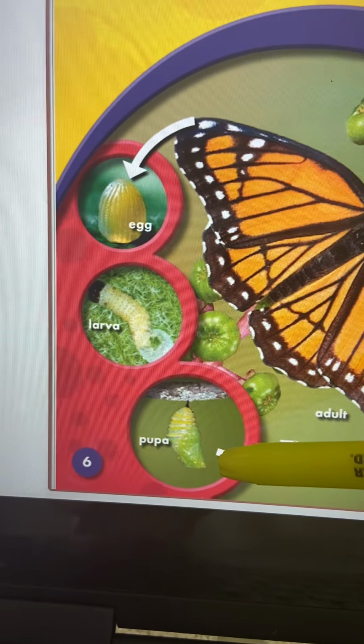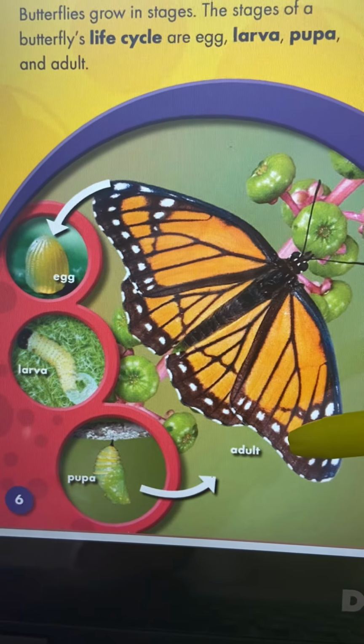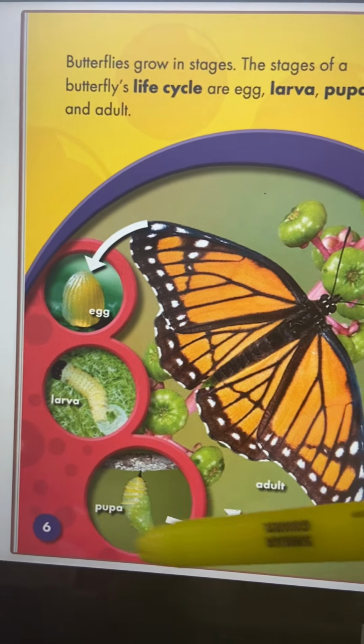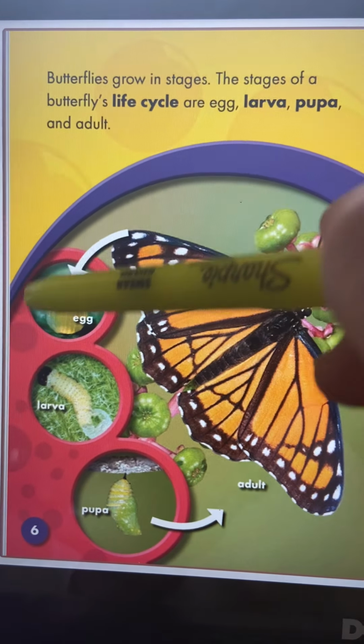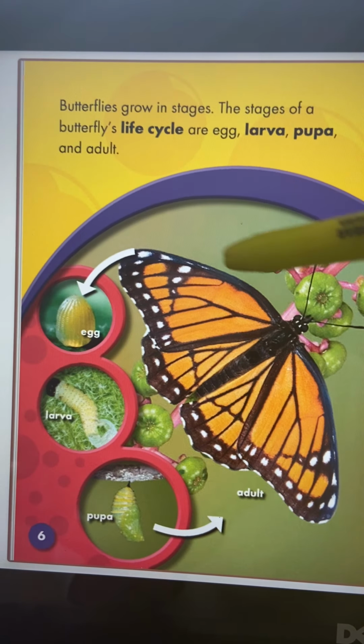And then after the pupa, you have the butterfly. And then when the butterfly's life is over, the cycle or the steps begin again. The egg, the larva, the pupa, the adult. And then again, the egg, the larva, the pupa, and the adult. And it's called the life cycle, boys and girls, because cycle goes around and around. Okay?